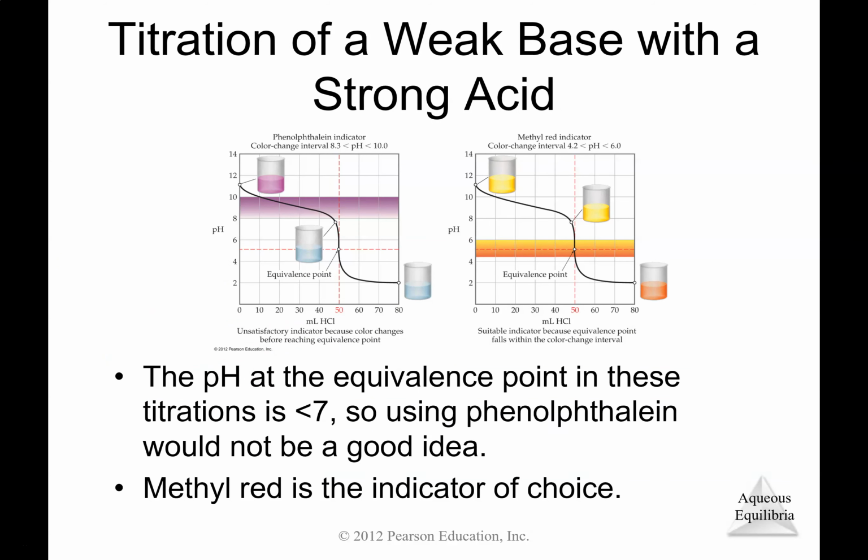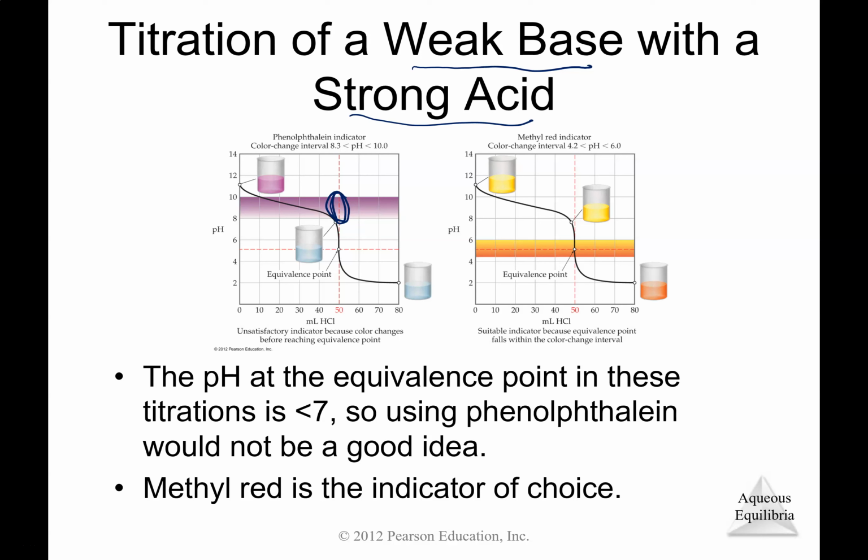Okay, looking at some of those different indicators. Remember I said we use different indicators that react at different equivalence points. For this particular base, remember it's a base because its initial pHs are above 7 and its final pHs are very low, so probably a weak base with a strong acid. Just make sure you understand how to read these curves. One of the things we're seeing is that if we try to use phenolphthalein, the indicator we talked about before, the equivalence point is not in the range where the phenolphthalein indicator actually changes color.